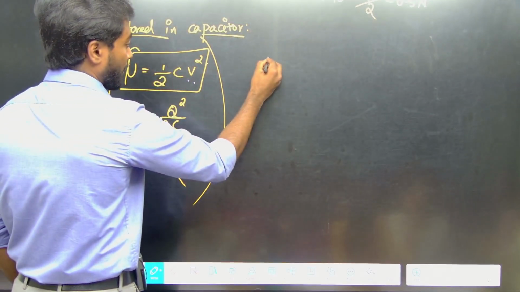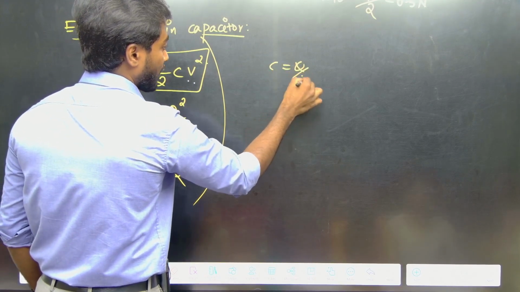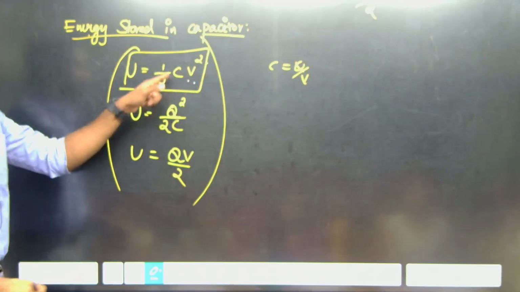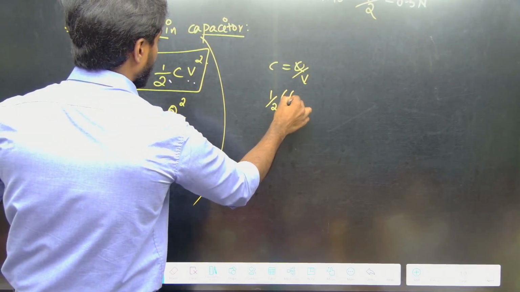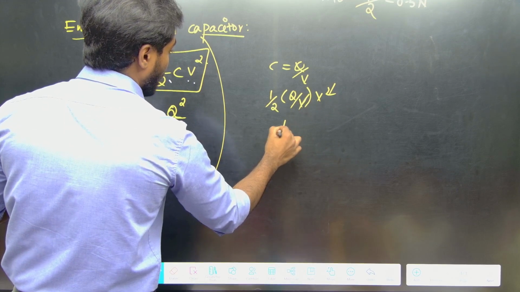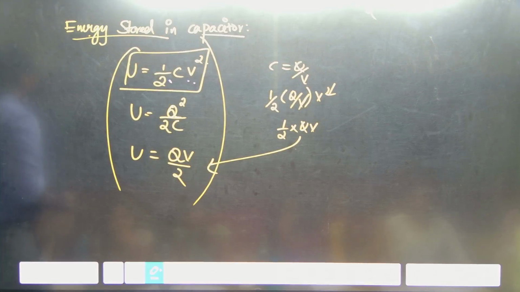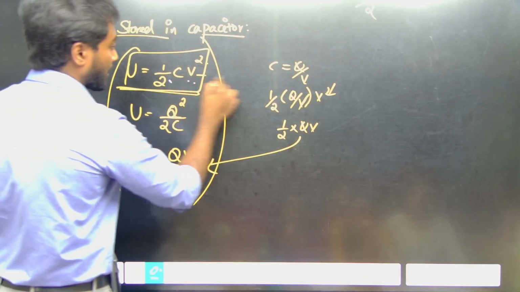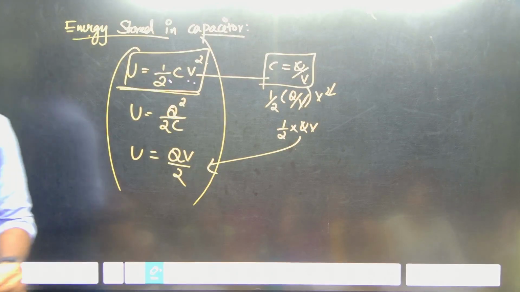You know the formula for capacitance, C is equal to Q by V. I can substitute that here. So 1 by 2 into Q by V into V square, V will get cancelled off. So 1 by 2 into QV. Am I getting the answer? Remember one formula and you know the formula for the capacitance, and interchange the values whatever they are asking.